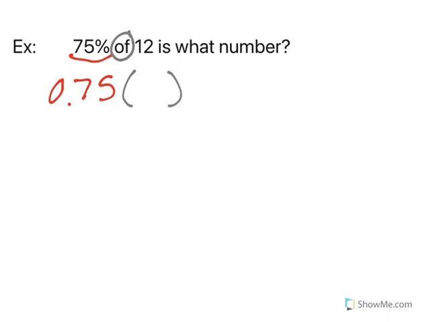And in this case, I'm going to use the parentheses next to a number to show multiplication. My next value is 12. Is means equals, and what number, I don't know. So there's my unknown. So 0.75 times 12 equals x.